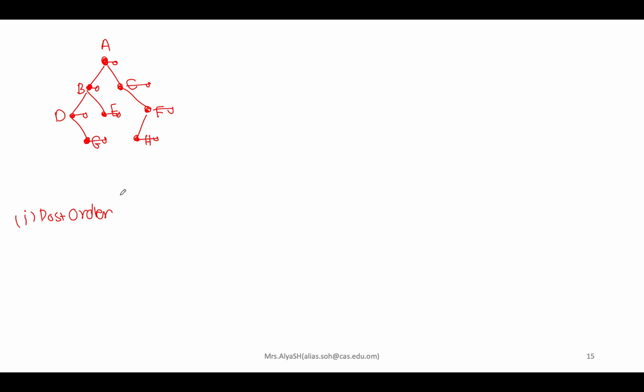So the post order of this tree is, if we go like this, the first thing we hit is G, D, E, B, then we continue to the right subtree, H, F, C, and finally A. So here we first visit the left, then right, then root.